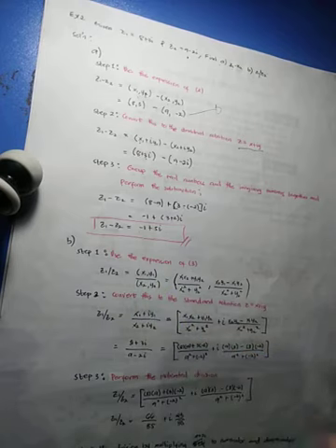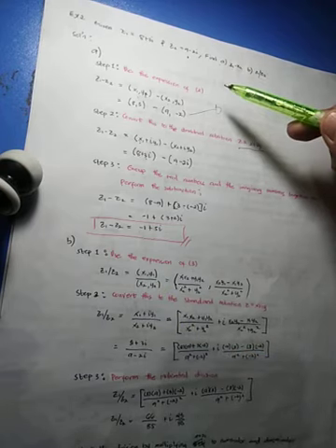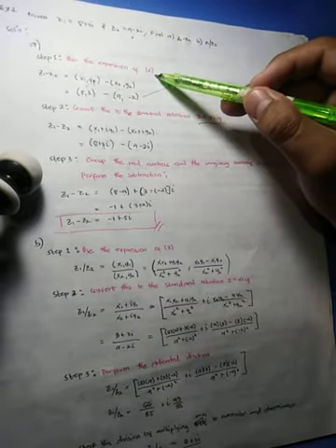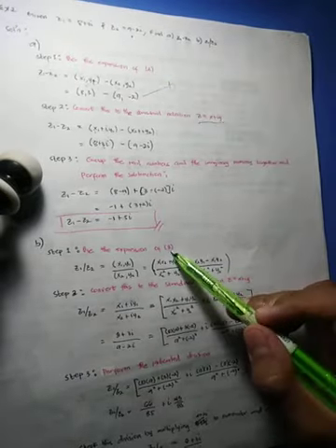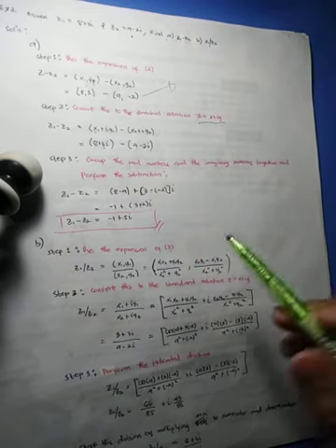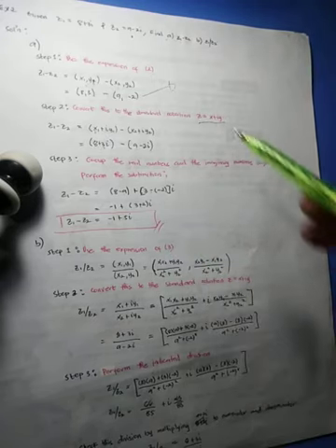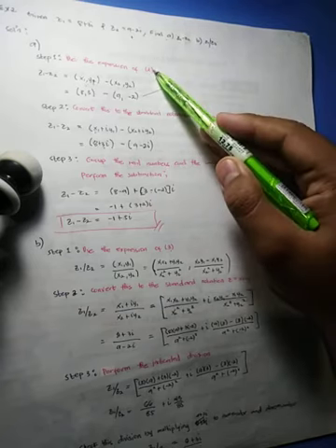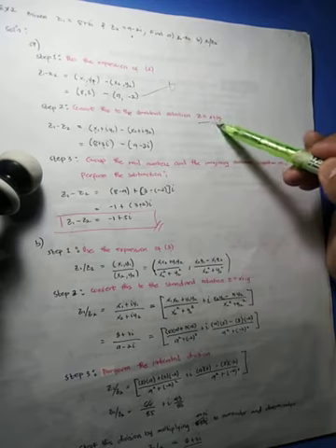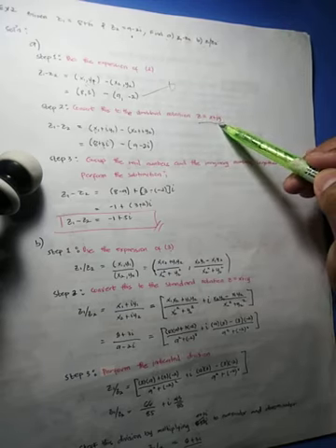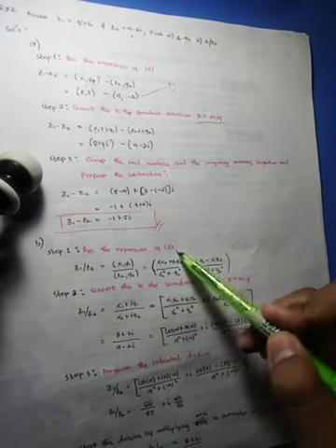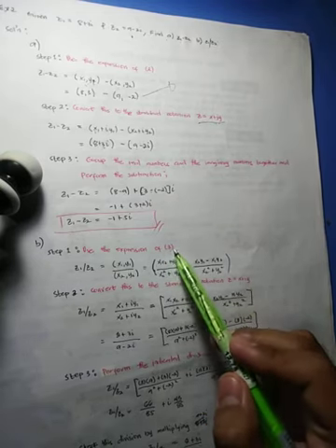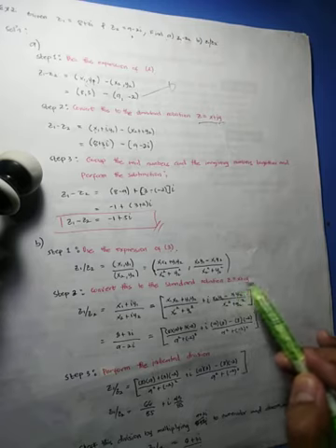For your information, the difference between expression number 2 and expression number 3 in the standard notation is this: expression number 2 has no i, while the standard notation has an i. The same with expression number 3 for division, it has no i, while the standard notation already has an i.